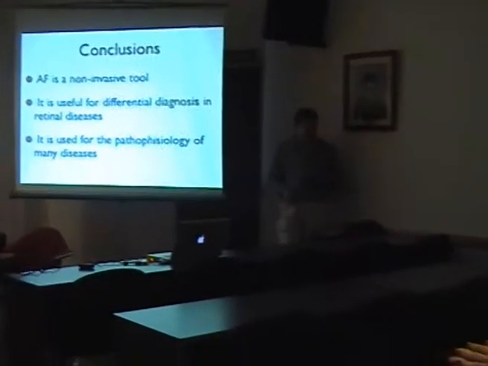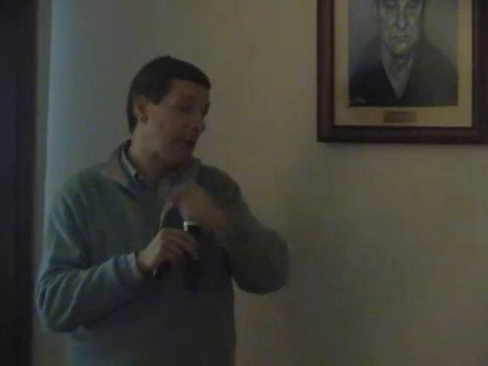A question. In diabetics? Yes. Well, autofluorescence is useful in diabetic patients just for detecting the presence or absence of macular edema without doing any injection, but it doesn't give any information about the disease.